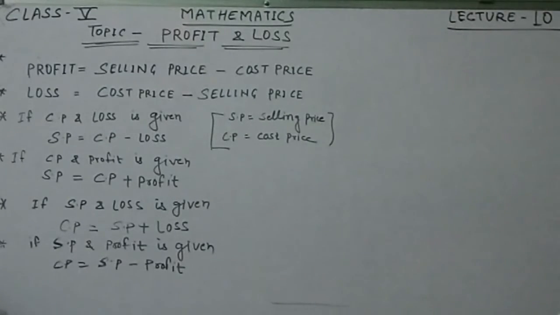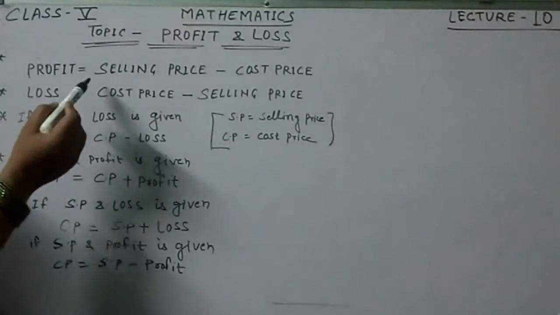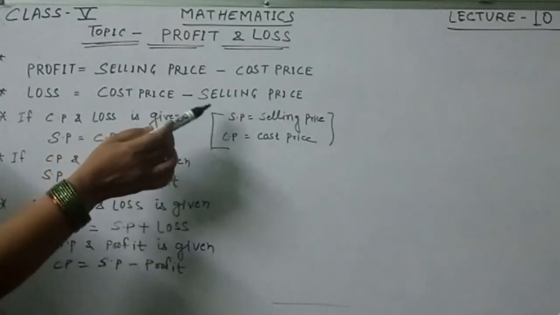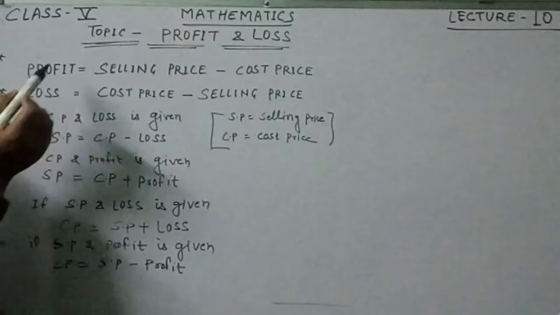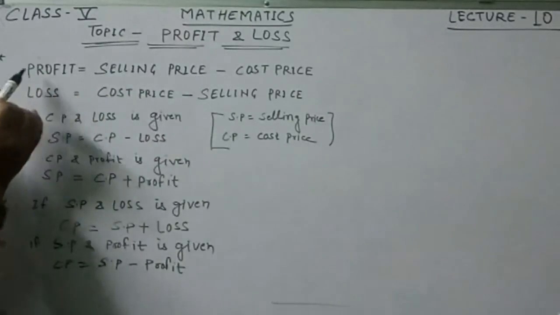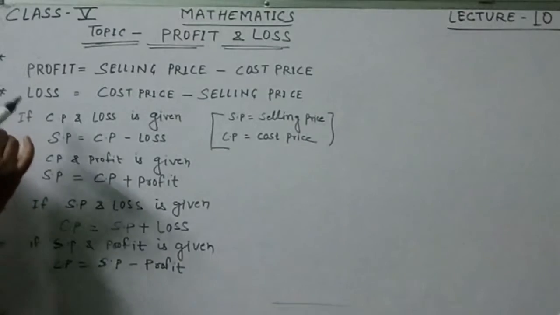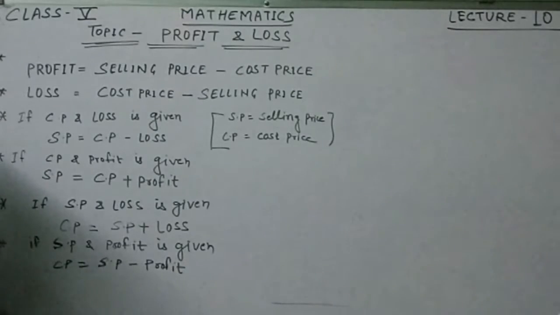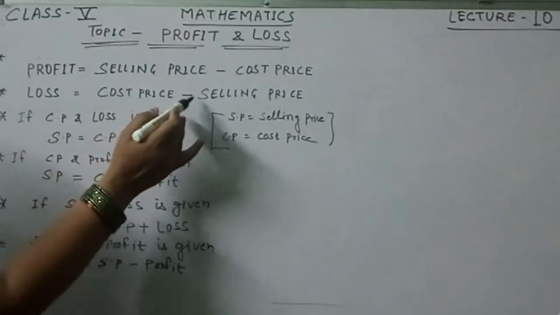Students, see here two most important formulas. In the previous class I also wrote that profit is equal to selling price minus cost price, and loss is cost price minus selling price. If the selling price is greater than the cost price, it is a profit, and when the cost price is greater than the selling price, it is a loss.